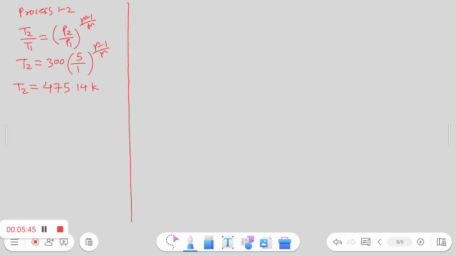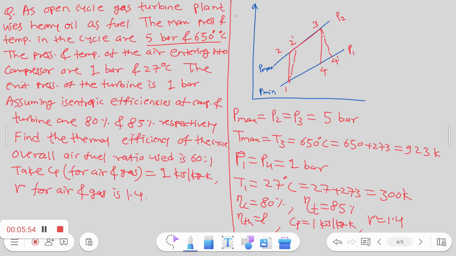Now how to calculate T2 dash? From the efficiency of the compressor. Efficiency is always less than 100, so the numerator will be smaller. So T2 minus T1 divided by T2 dash minus T1.